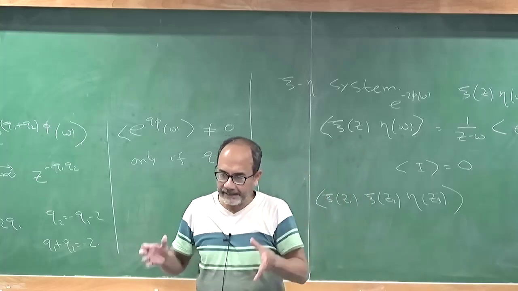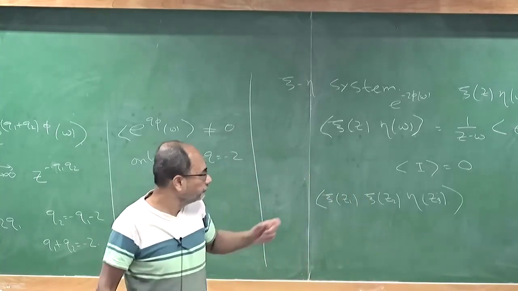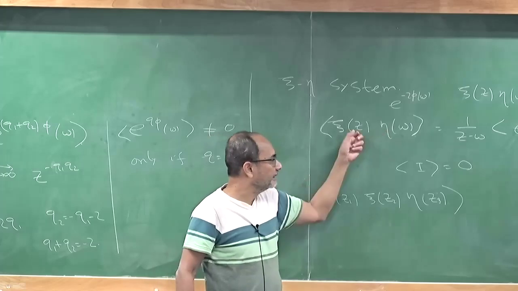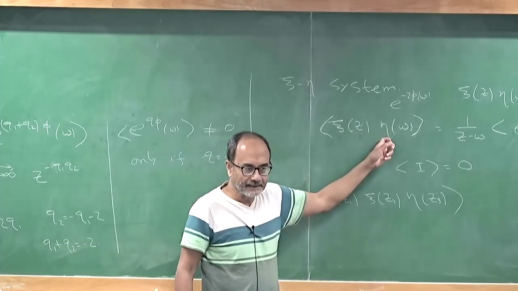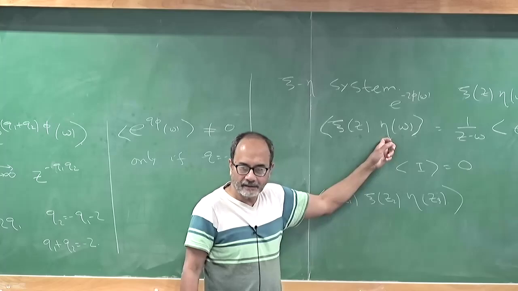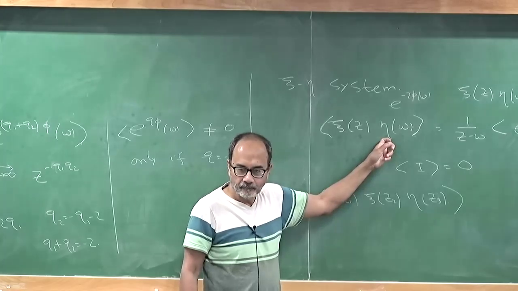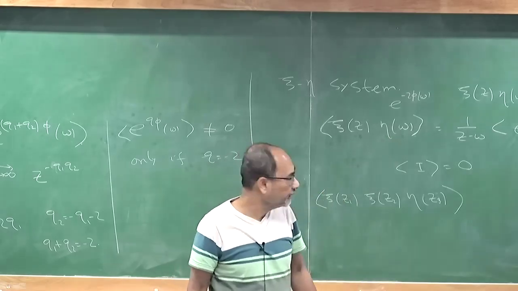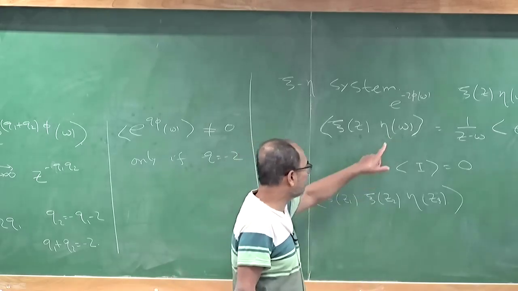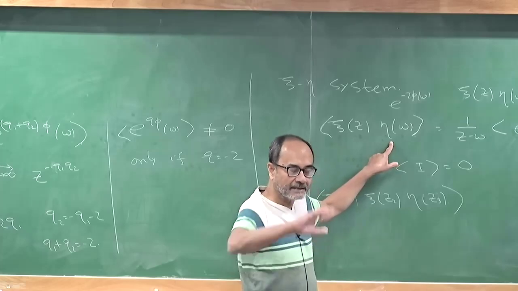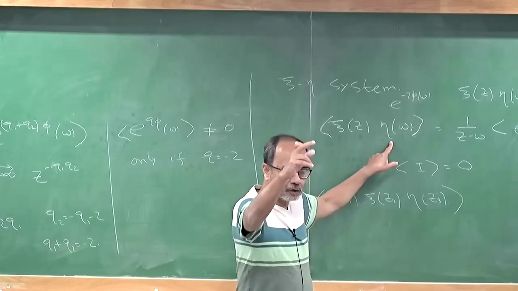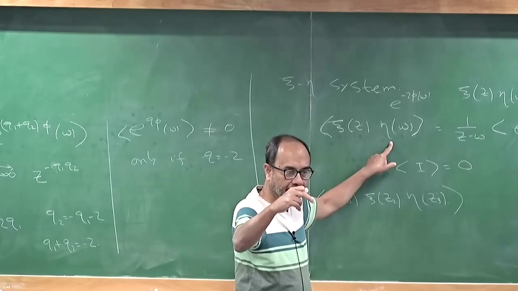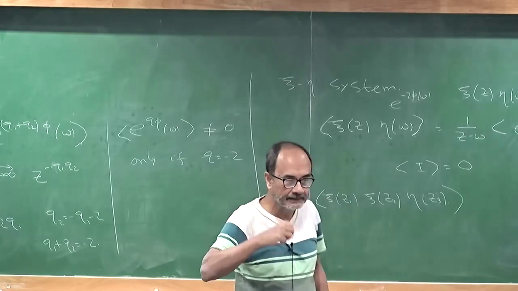But even before that, this is a 2-point function of 2 different weights, so you already know that it cannot be non-zero. Because it has dimension 1, as w goes to infinity, it falls off as 1 over w squared, w to the minus 2h.